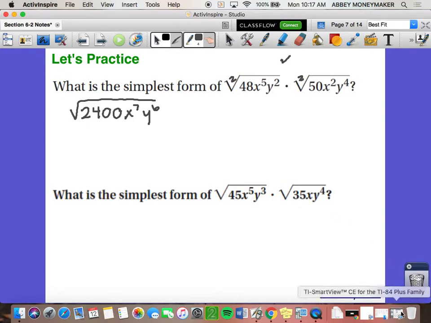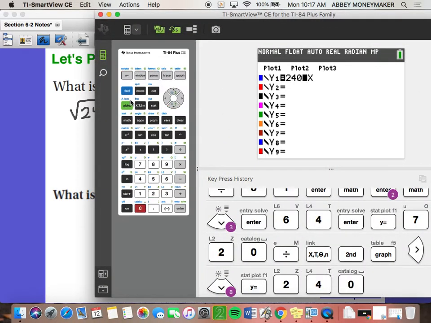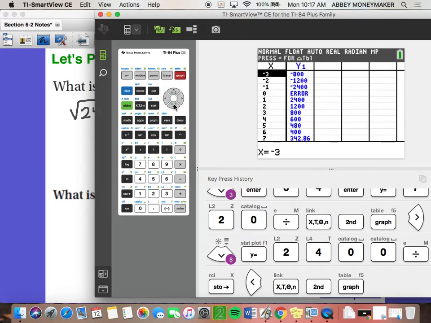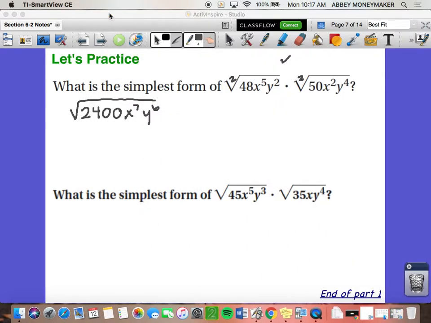So now we want to go back to our calculator and let's do 2400 divided by x. And then we can go to the second table and let's look in the y column, and we notice that the square root of 400 is 20, so it looks like 400 times 6 is what this is going to break down to.